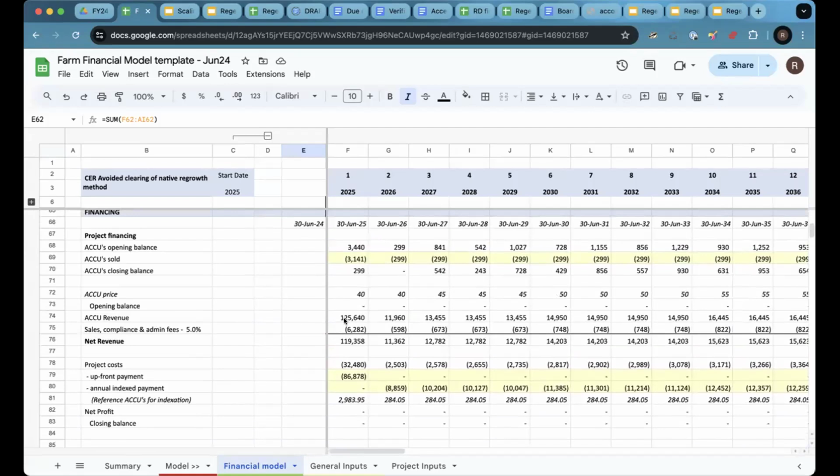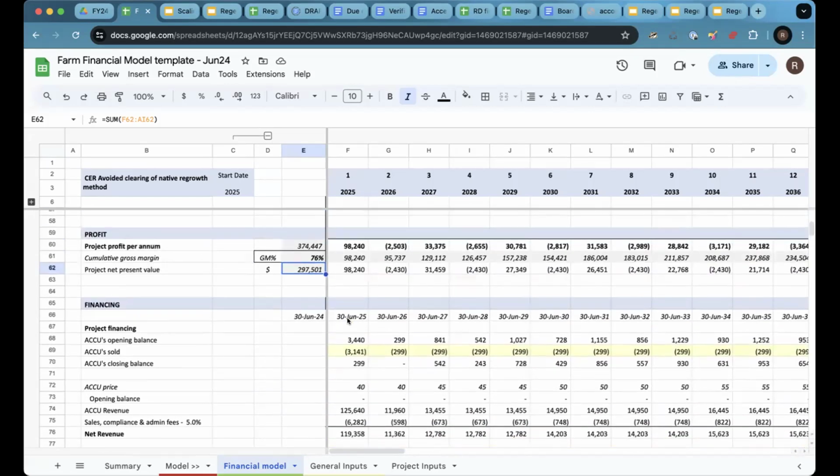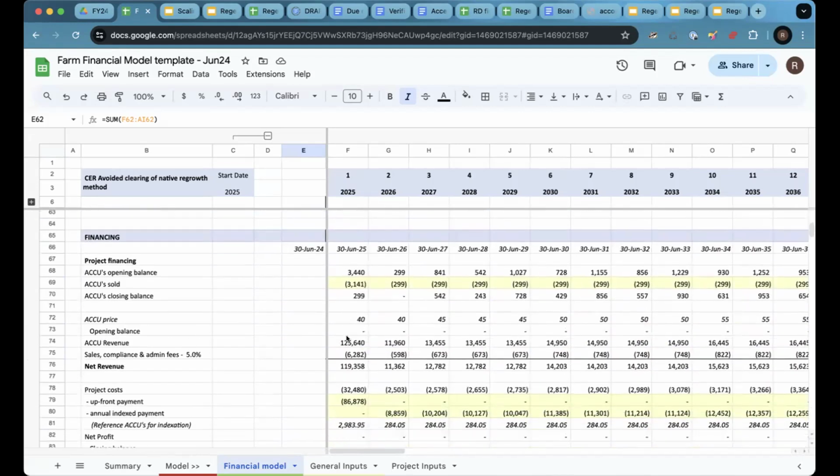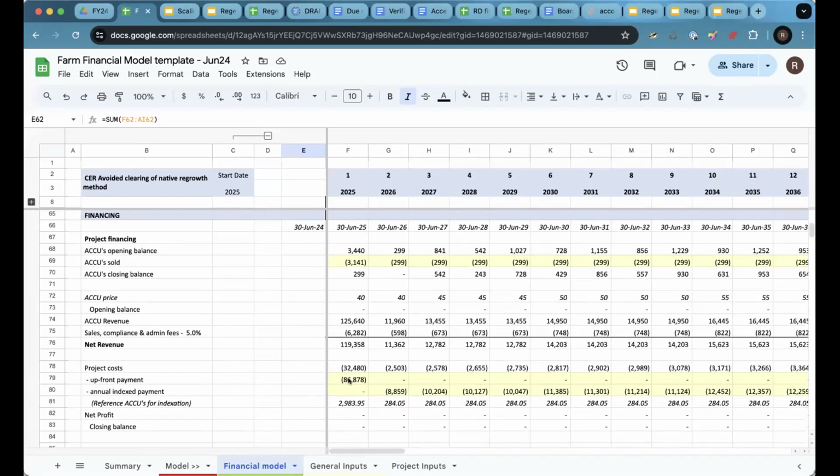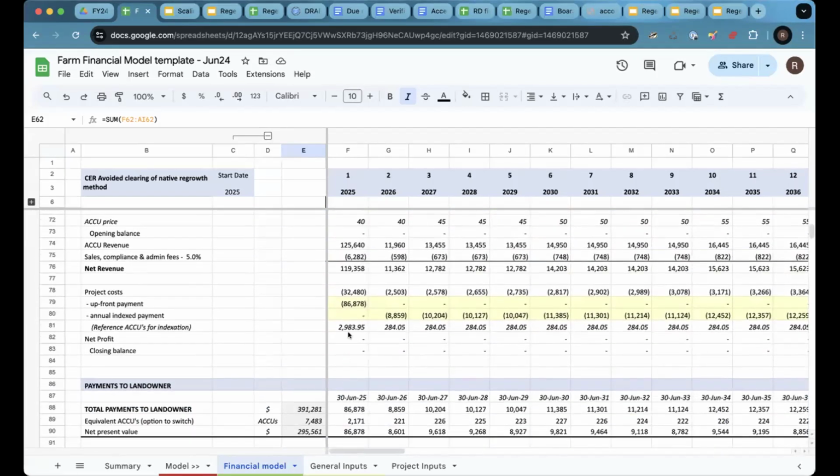So if you can see here, the revenue was 125,000, which was the same as up above. You've got your costs being the sales and admin, and the project costs, generating a net amount of 86,000 that's paid today, which would be roughly equivalent to what they'd be getting if someone was doing it themselves.